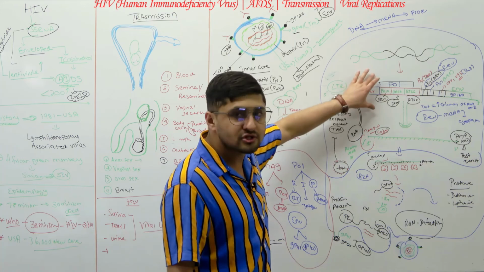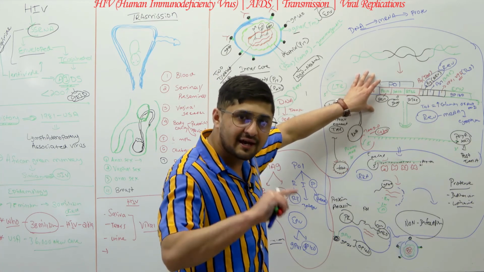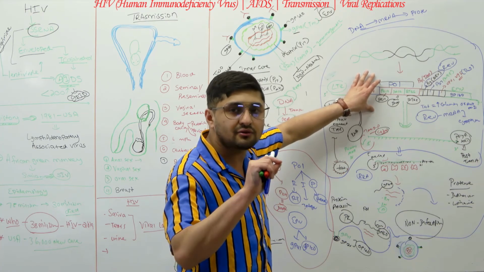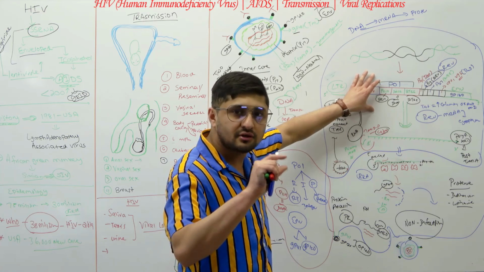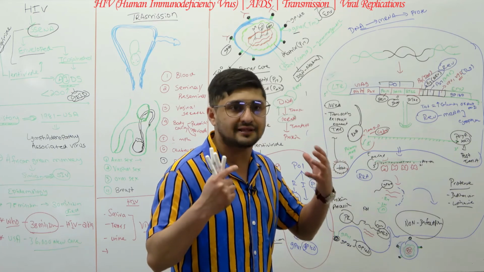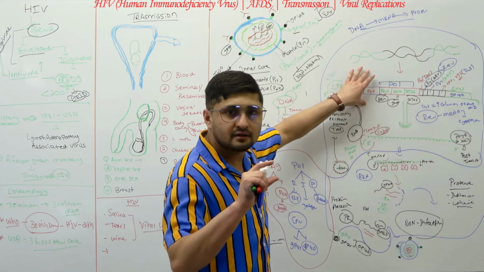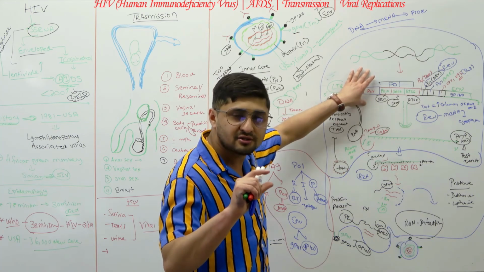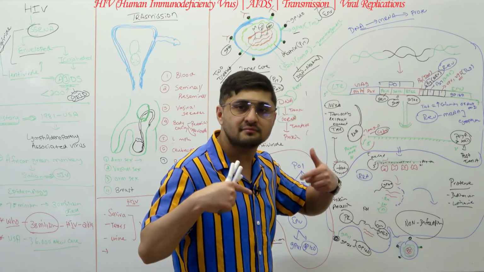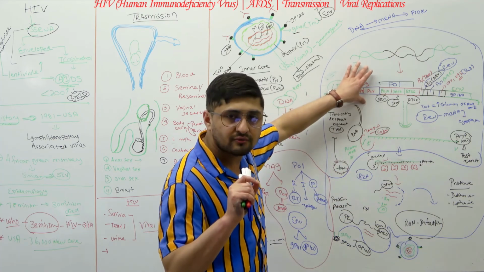After that, reverse transcriptase takes the RNA genome and replicates it, adding nucleotide sequences that come from your cytoplasm. Then it makes single-stranded DNA, and the reverse transcriptase makes that single-stranded DNA into double-stranded DNA. That's the role of reverse transcriptase.